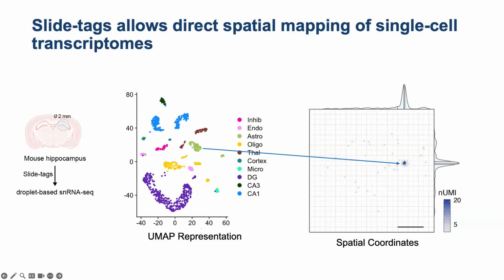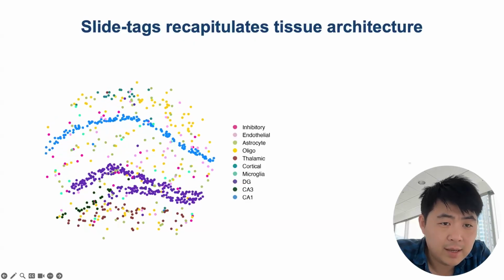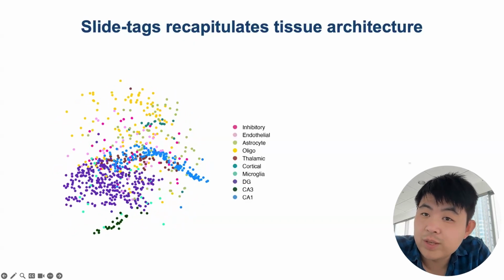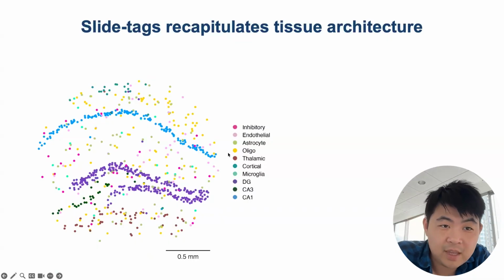And here's the marginal distribution in x and y, and you can fit the localization of the cell with quite high accuracy. And you can do that with almost all of these cells in space, and then you can reconstruct the architecture of the tissue.